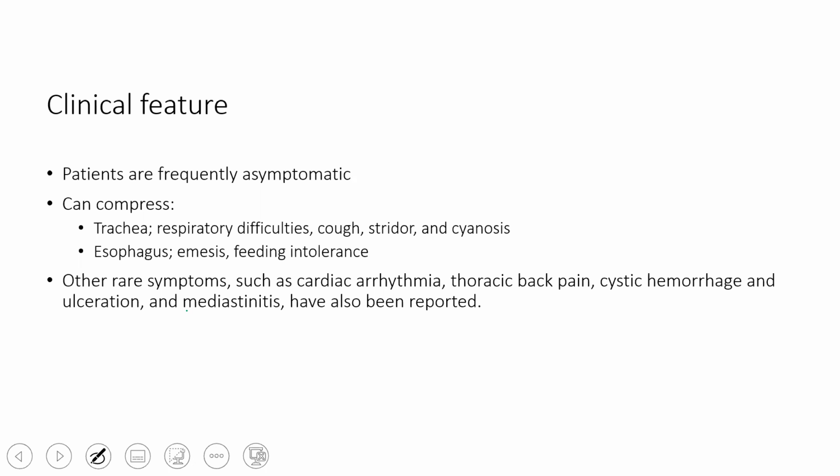Very rarely, it might affect the heart, presenting with cardiac arrhythmia, thoracic back pain. If the cyst has gastric layers with gastric secretions producing acid, they might present with hemorrhage, ulceration, mediastinal irritation, mediastinitis.